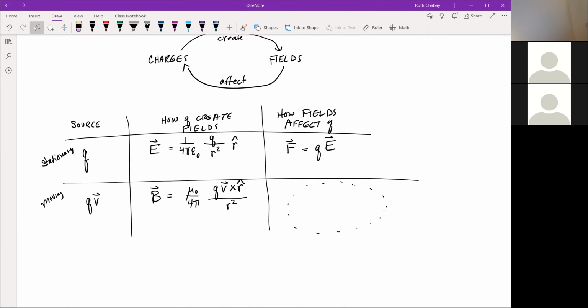Now, of course, there are things other than point charges. How do we figure out the field of something other than a point charge? Well, we just use the superposition principle and add up the fields, and we did the same thing with magnetic field.